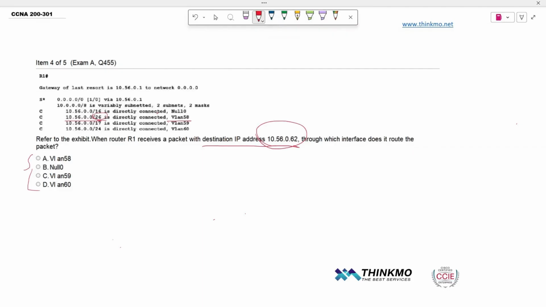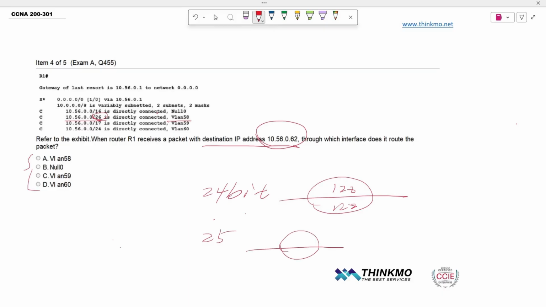With the longest prefix match, this one is a 24-bit mask, right? A 24-bit mask means 256 possible addresses. Then with a 25-bit mask, it's like making one cut, dividing that range into two equal halves, 128 and 128.